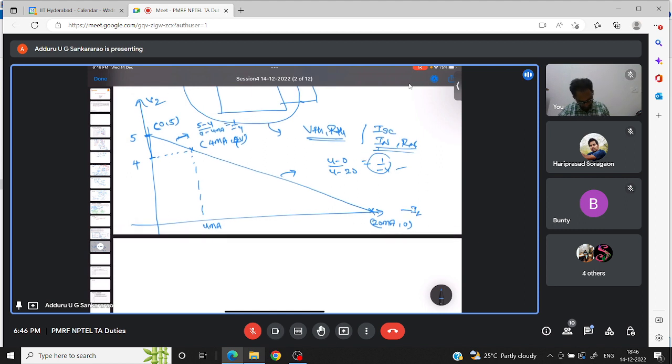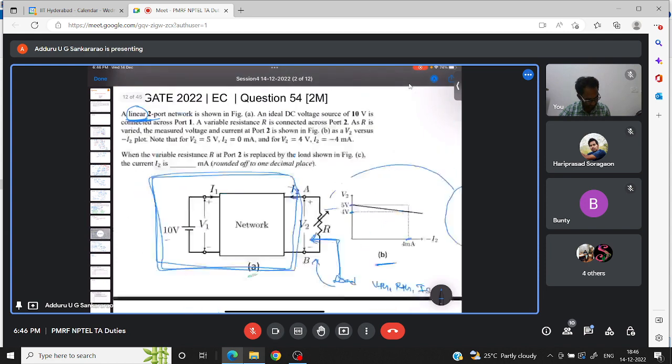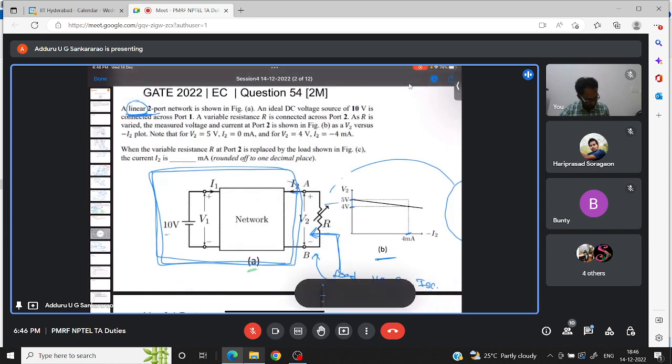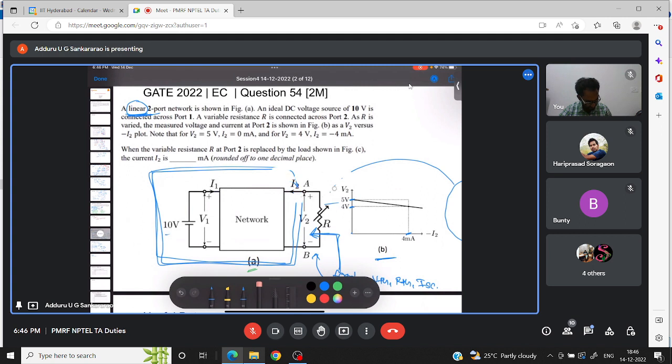Now if you see here, the voltage is 0. Here, if I take voltage and current minus I2, sorry, current is 0 and voltage is 5 volts. Current is 0 means it's an open circuit, right? I2 is 0 in this network.